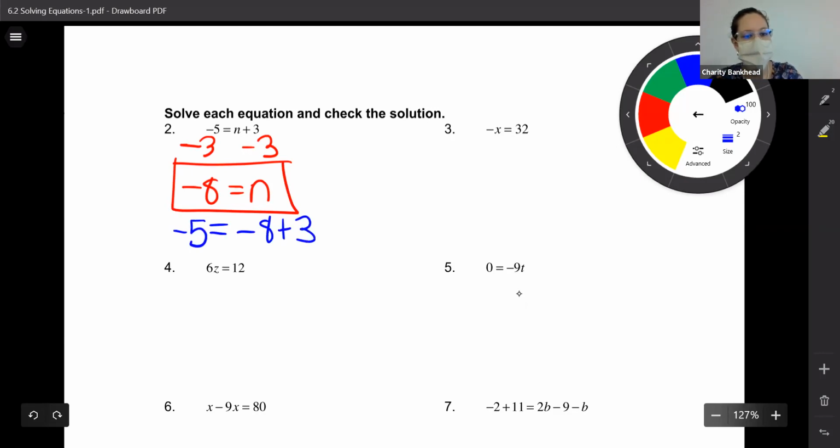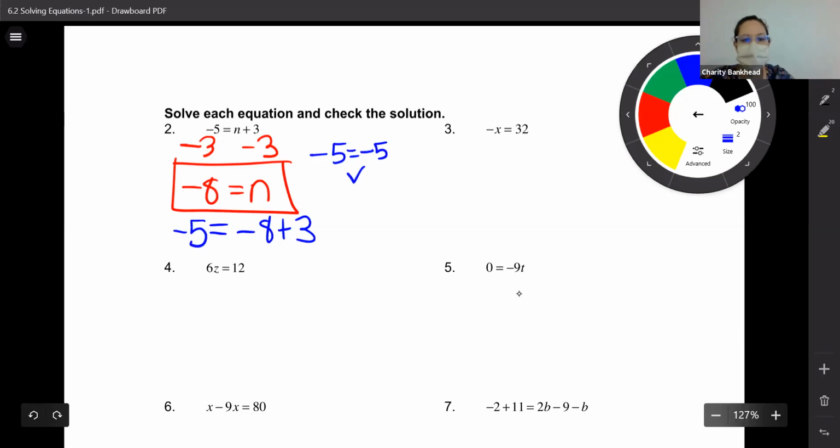Negative 8 plus 3 is negative 5, so negative 5 equals negative 5. That is good. You can always check the solution that way. I'm probably not going to check all of these, but you can do it that way if you're unsure.